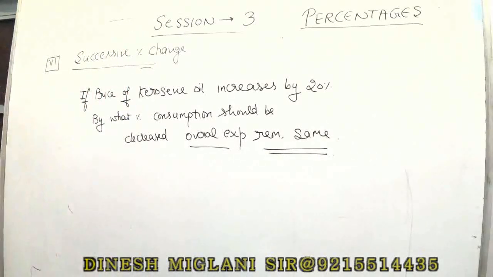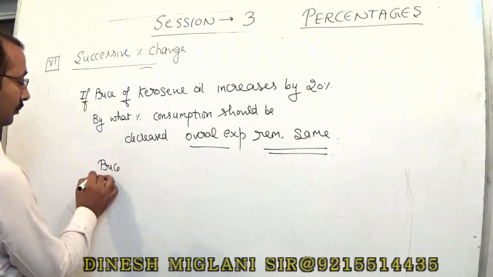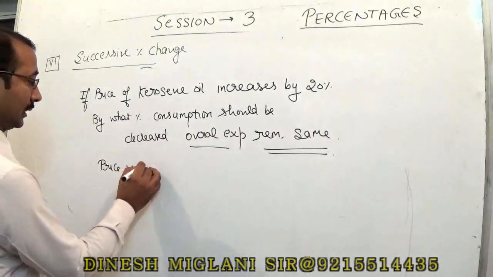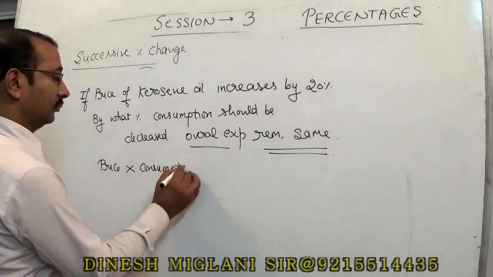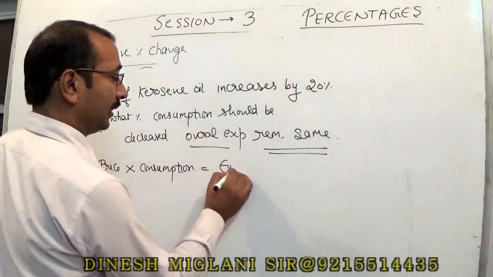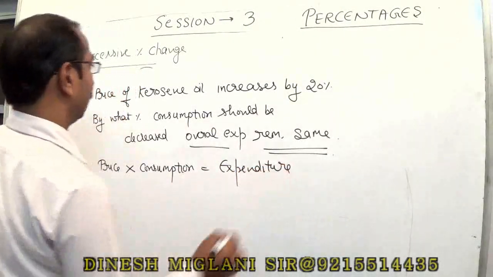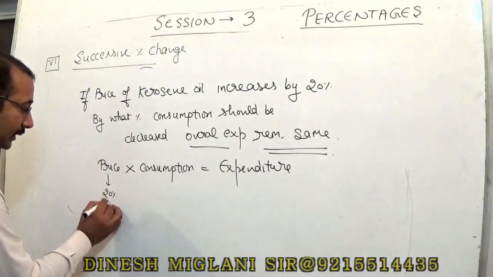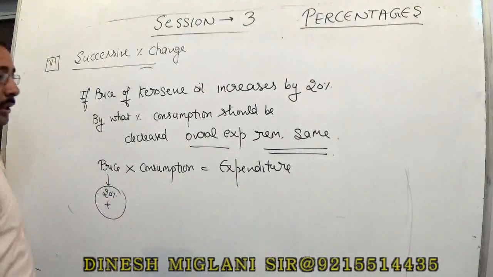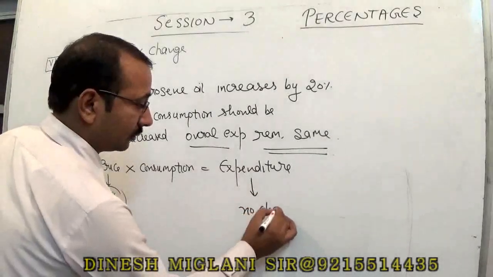It means price into consumption is always equal to total expenditure. It is given that price increases by 20%. Overall expenditure remains the same, meaning no change.